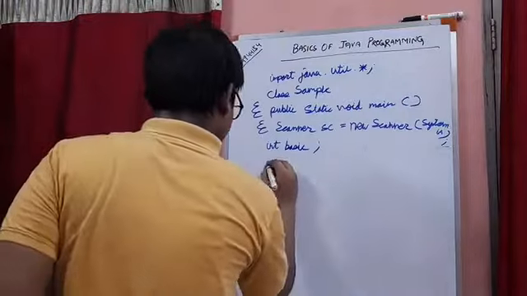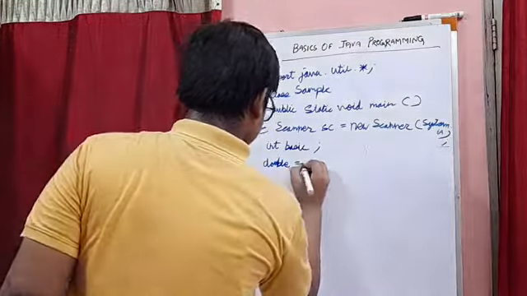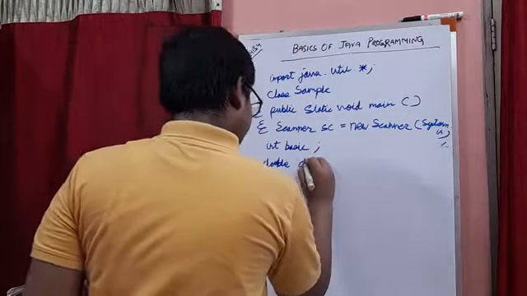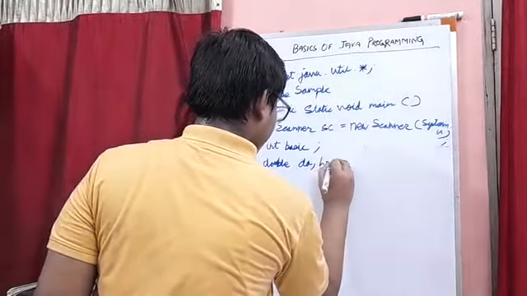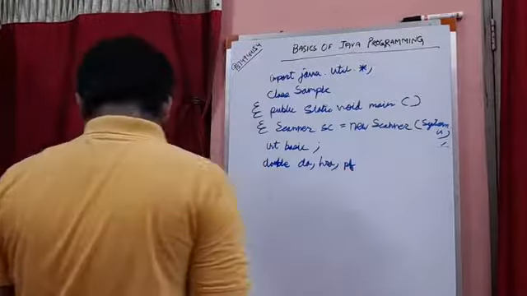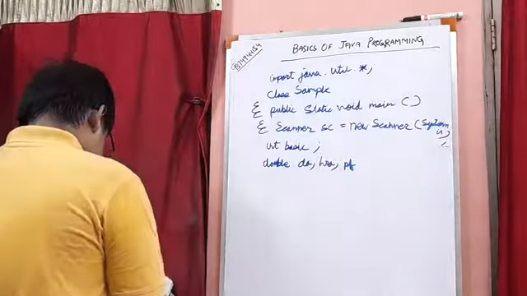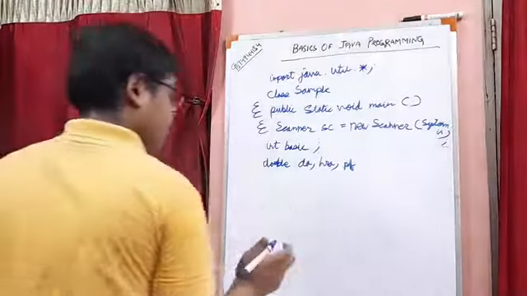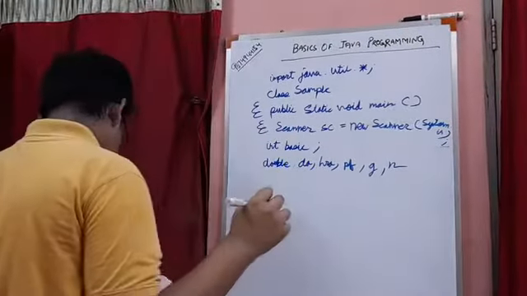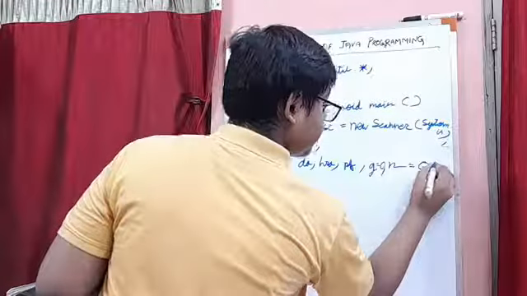So double DA, HRA, PF, then gross and net. I will take them as g and n. g = 0, n = 0, semicolon.